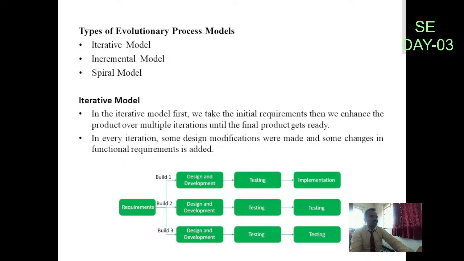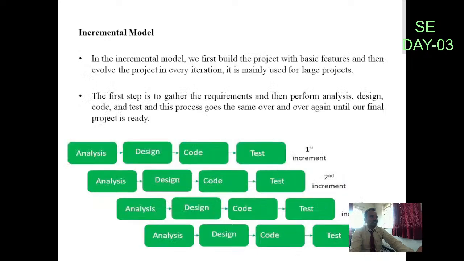Remember, every iteration must ensure that modifications are made in the design. These design modifications are made, with some changes when the functional requirements are added. Yes, we have already discussed this diagram.